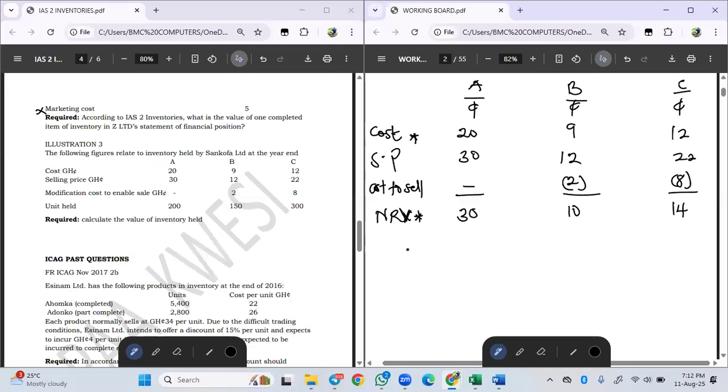Okay. So please let's choose the lowest. So the value per unit. Yes. So please let's compare the two. We are picking the lowest one. For A, we are picking 20. For B, we are comparing 9 and 10. You choose what? 9. C, then we are comparing 12 and 14.